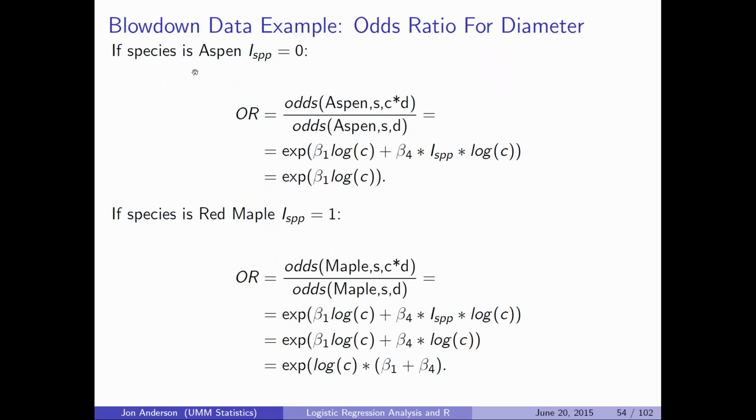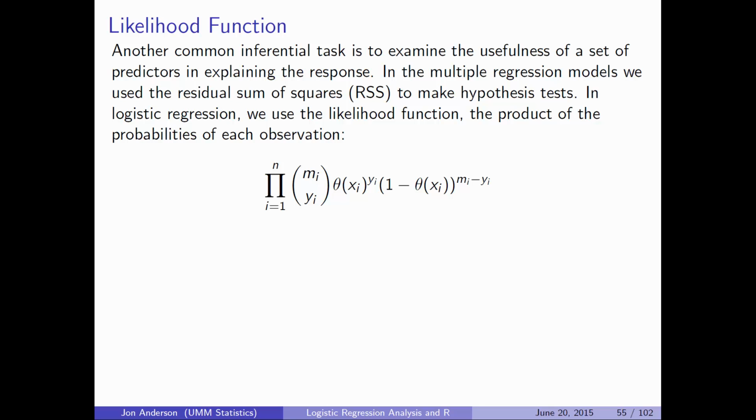And so if you were dealing with aspens, that odds ratio would be just involving beta 1. If you were dealing with red maples, it would be the log of C times the sum of those parameters. And so those things would have to be calculated differently, just showing you how to do that.